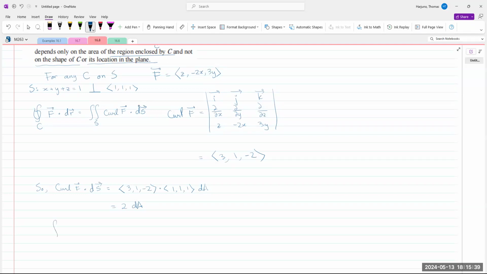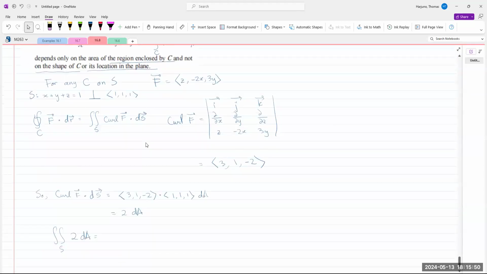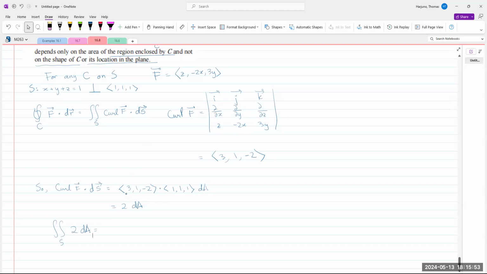Okay, so the double integral over S of 2 dA will be, oh, hold on, my dA, once I change it to dA, you call this the dS here. No, it should be dA already. Should be dA already. But since I use S here, then this should be dS.